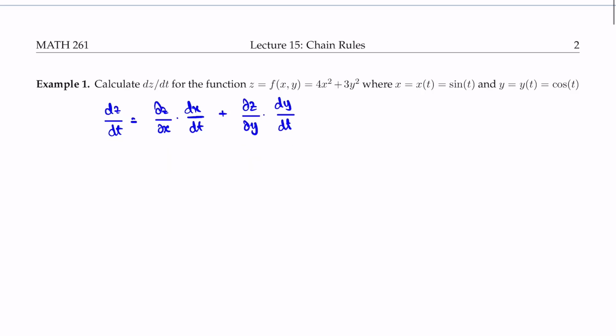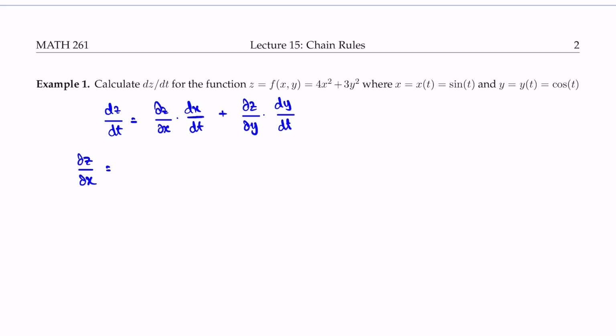So we have four terms that we need to take care of. That is partial z, partial x, dx dt, partial z, partial y, and dy dt. And we're going to work on these terms separately, and then we're going to plug in the results into the formula later. So here you have partial z, partial x. That is the first order partial derivative of z with respect to x.